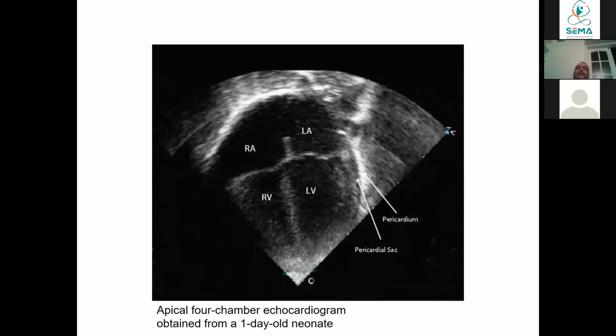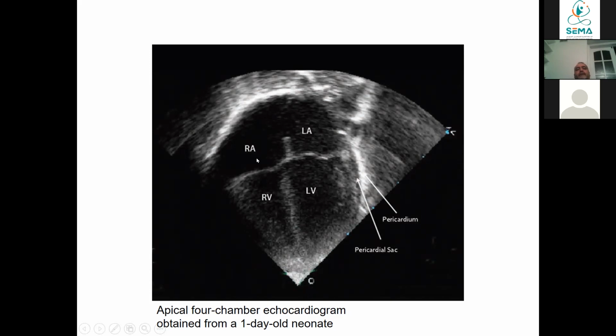When you use the 4-chamber view, usually you create it from the apex, and the marker of the probe should be to the right side, and in the apical view you will have this view.